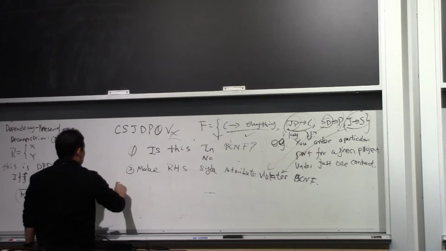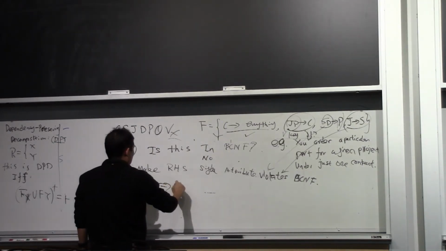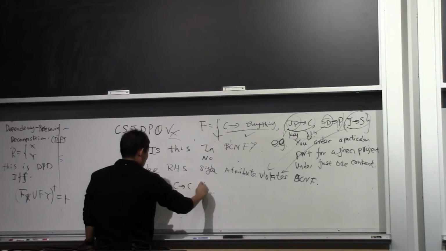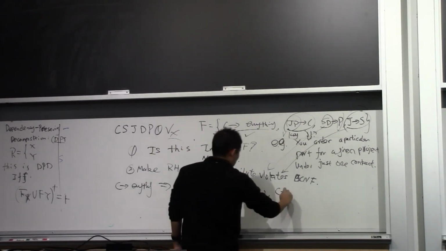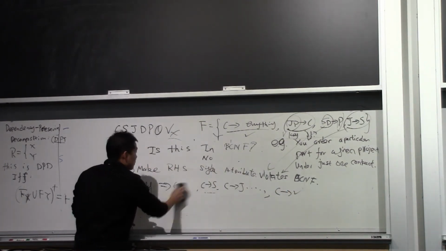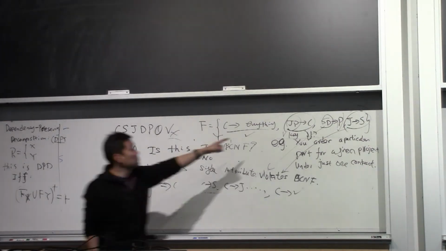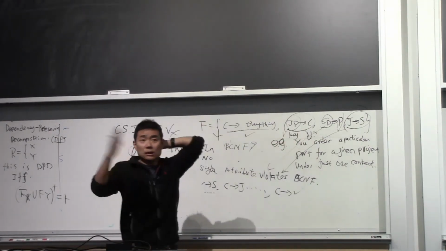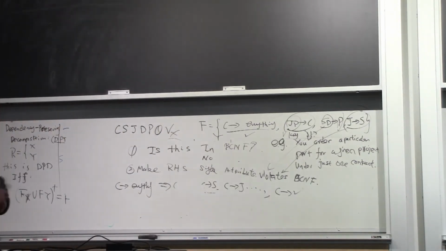So you break C determines everything into C determines C, C determines S, C determines J, and so forth until C determines D. And after this, you get rid of the trivial functional dependency. Of course, we keep the other ones too, since they are already in the form of having a single attribute on the right-hand side.